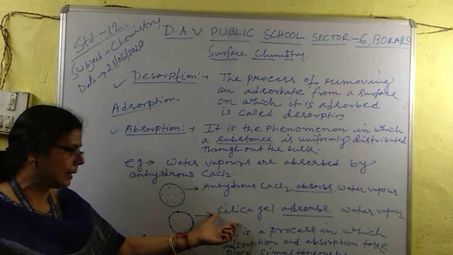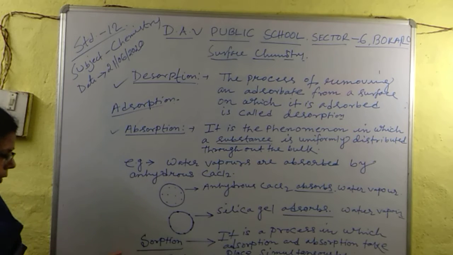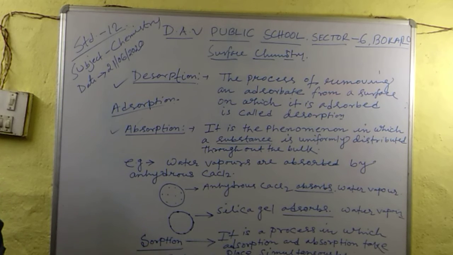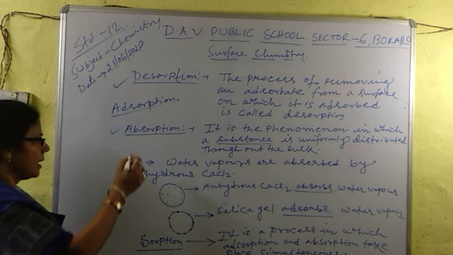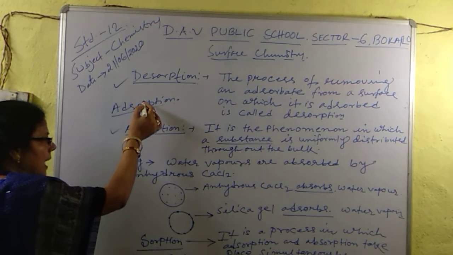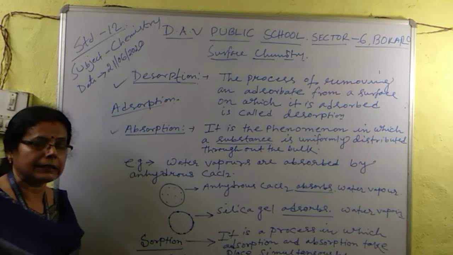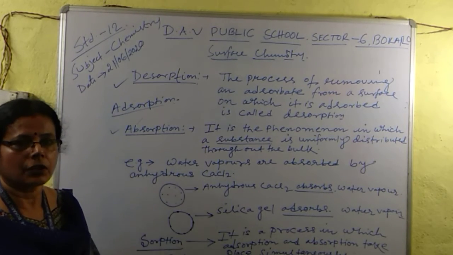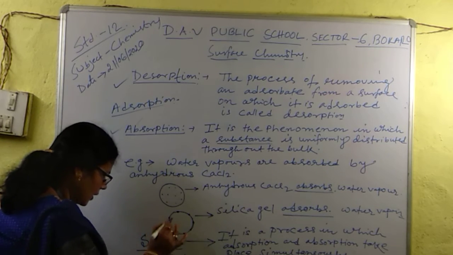Okay students? Next I am going to the topic, that is the term sorption. What is sorption? Now we have learned adsorption and absorption. When both processes, adsorption and absorption, take place simultaneously, the phenomenon is known as sorption. What is sorption?